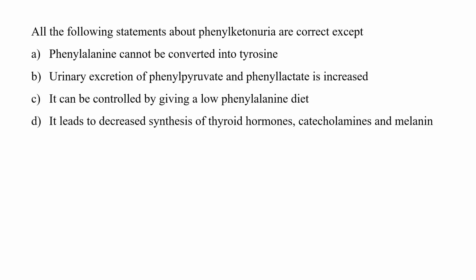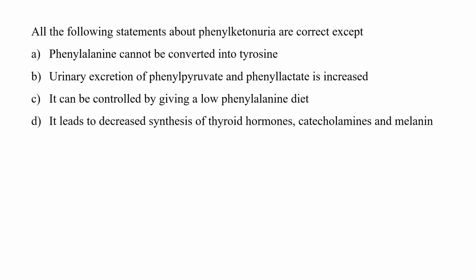Now, since phenylalanine is found in all protein-rich foods, the person must permanently follow a low protein or low phenylalanine diet. That means option C is also correct. Now, the patient can be diagnosed by measuring urinary metabolites like phenylalanine, phenyllactate, phenylacetate, phenylpyruvate, or even phenylethylamine. So option B is also correct.